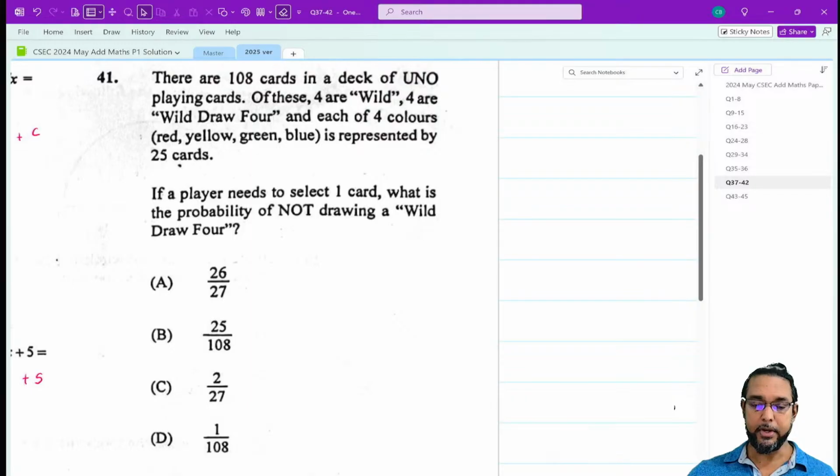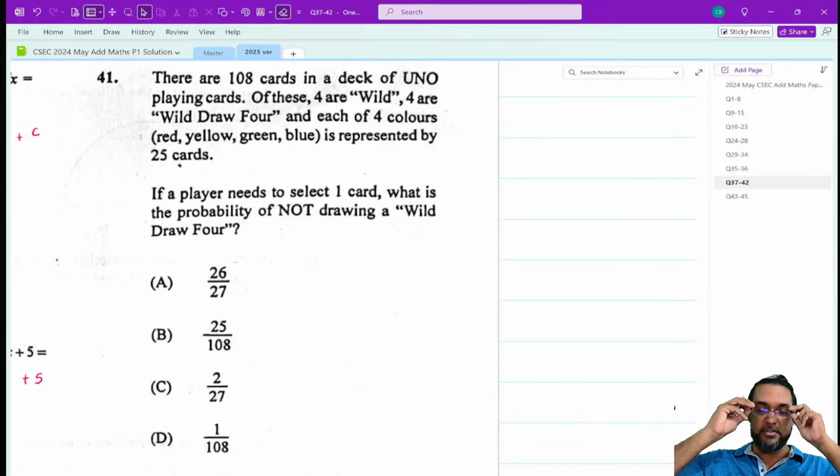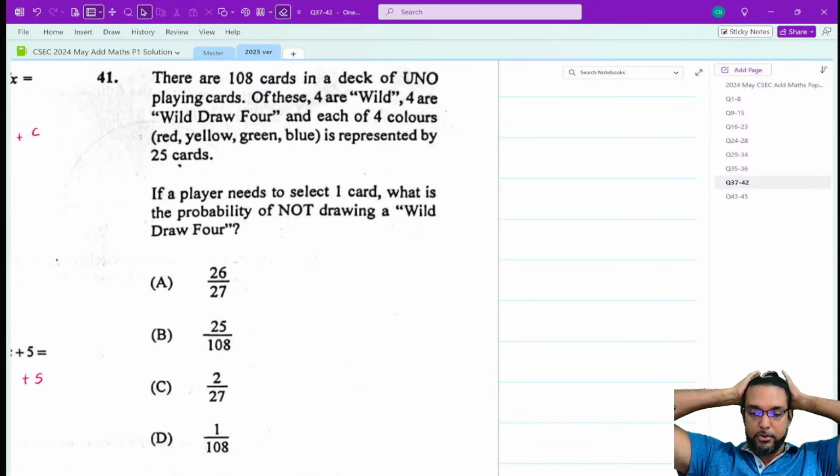There are 108 cards in a deck of Uno playing cards. Of these, four are wild, 4 are wild draw 4, and each of the 4 colors is represented by 25 cards. Okay, right, that's 100. 4 by 25 is 100. 4 wild draw 4, so that's 8.